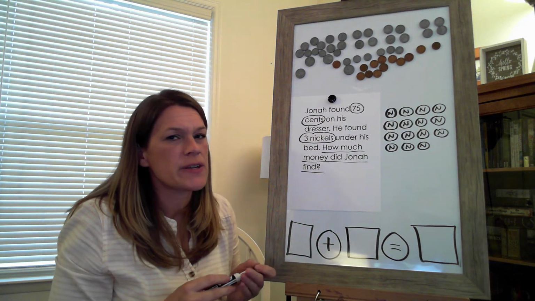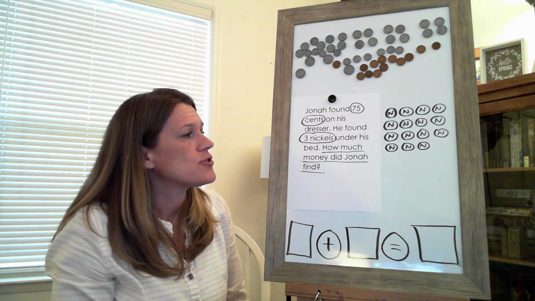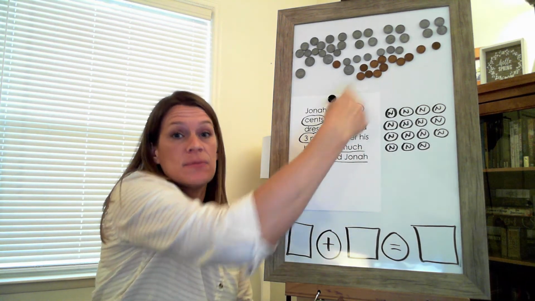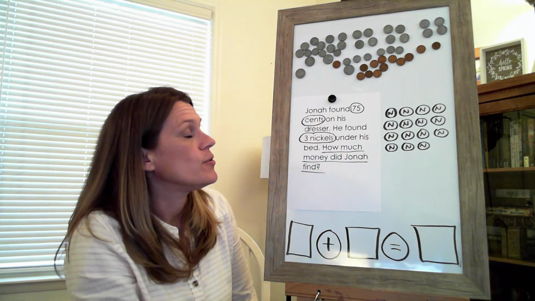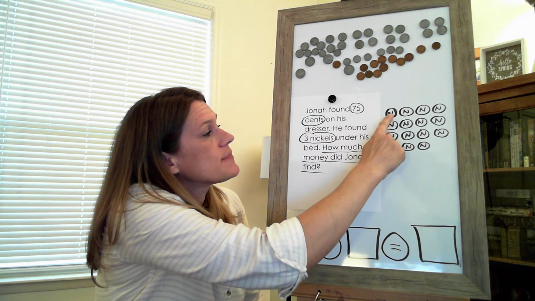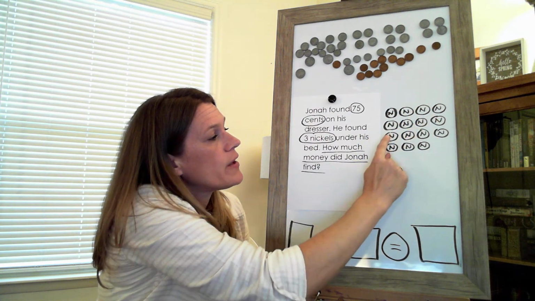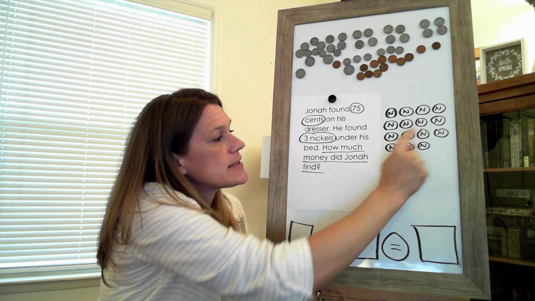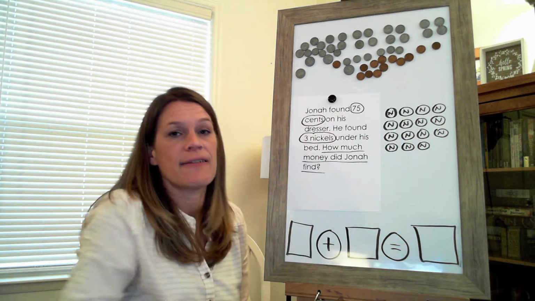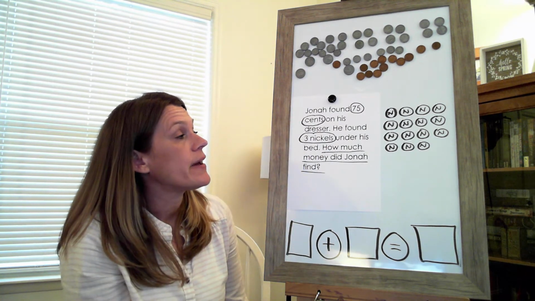Sometimes when we're drawing those pictures, especially that many, it's a good idea to go back just to make sure that you have enough, because you don't want that to be your mistake when you get the wrong answer at the end. So let's count by 5s. 5, 10, 15, 20, 25, 30, 35, 40, 45, 50, 55, 60, 65, 70, 75. Good job. All right, so that's the 75 cents that he found on his dresser.